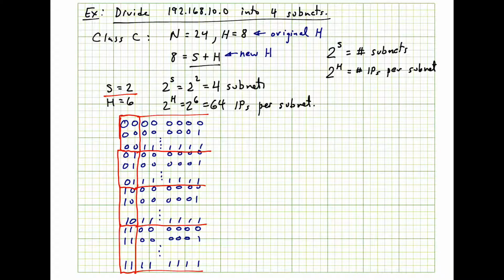Okay, and now what I'll do is I'll say, okay, here's subnet number 1, and it has an ID of the first one with all zeros in the H bits, and all 8 zeros gives us a 0.